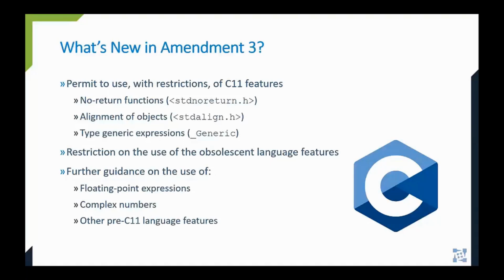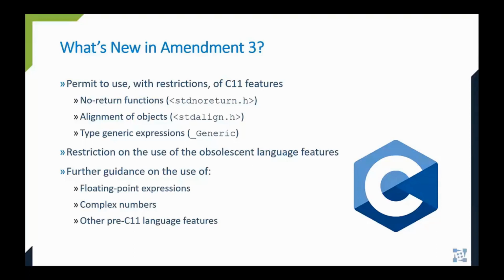So what's new in Amendment 3? The main subject of this document is the features introduced to the language by C11. The amendment allows the use of the no-return function specifier, object alignment specification, and type generic expressions, provided that all the new MISRA rules related to these features are followed. Additionally, Amendment 3 restricts the use of the language and library features defined by the C standard as obsolescent.